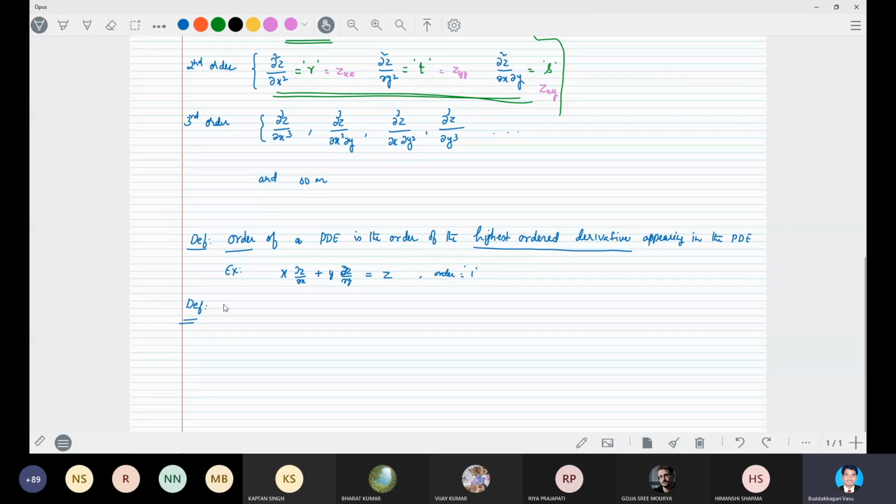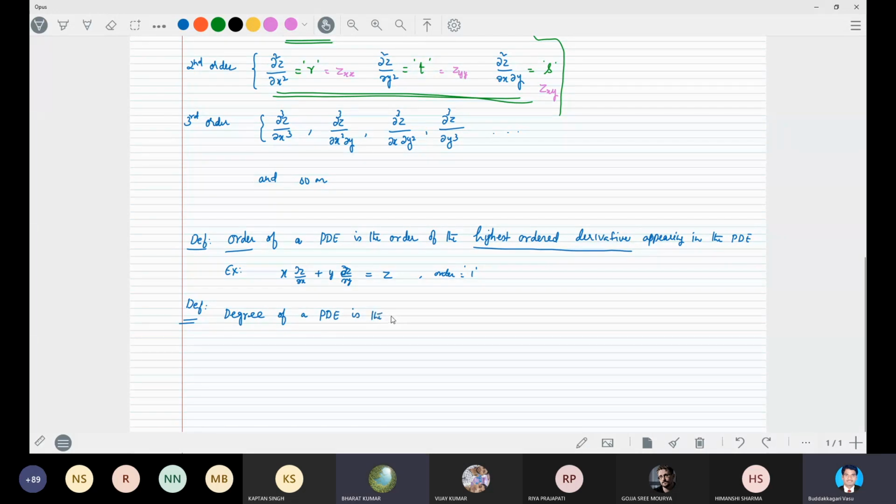There is another definition. How can we define the degree of a PDE?